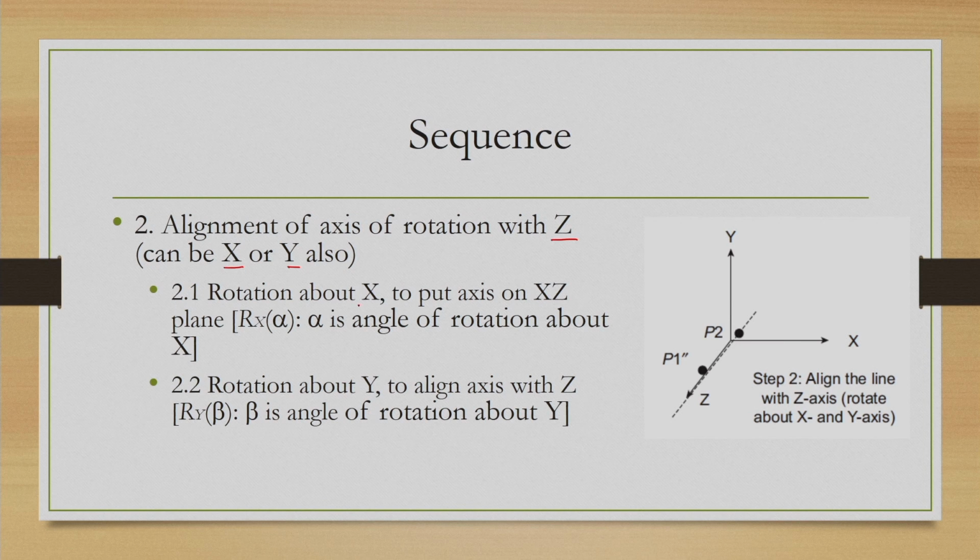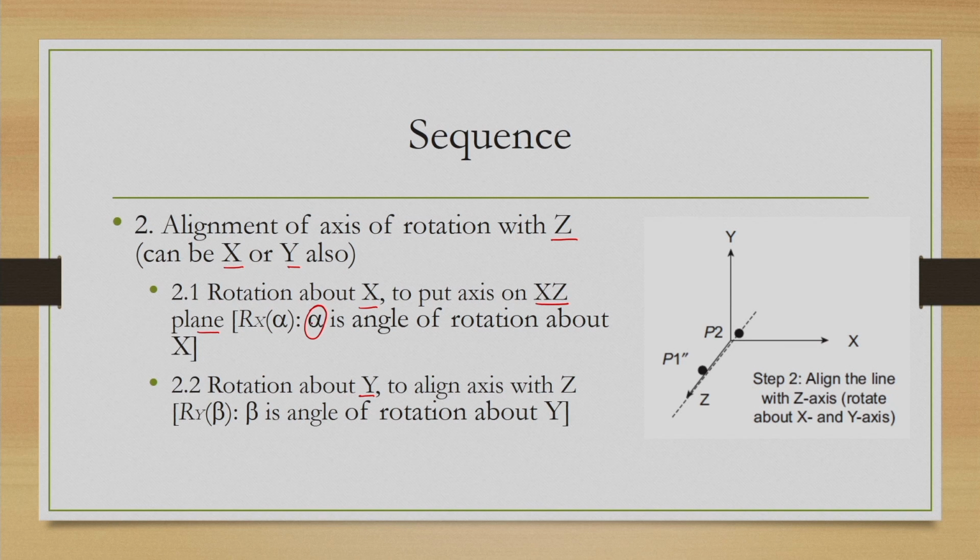First let us assume that we are rotating the line about x axis to put the axis on the x z plane, and the angle of rotation is alpha. Then we rotate it about the y axis to align the axis with the z axis.